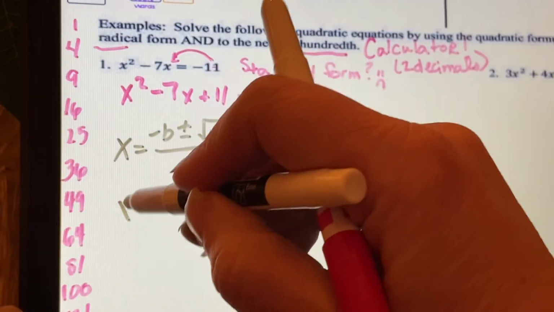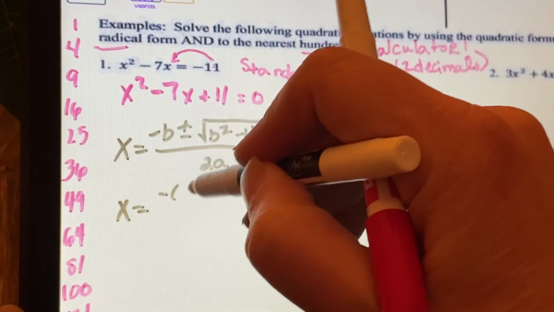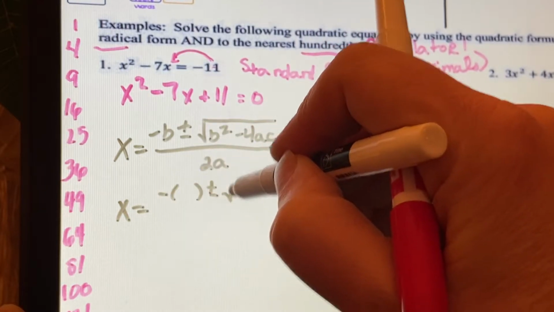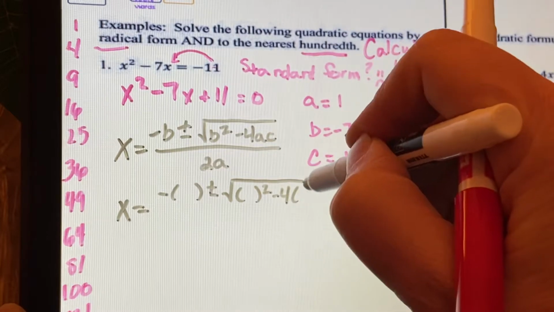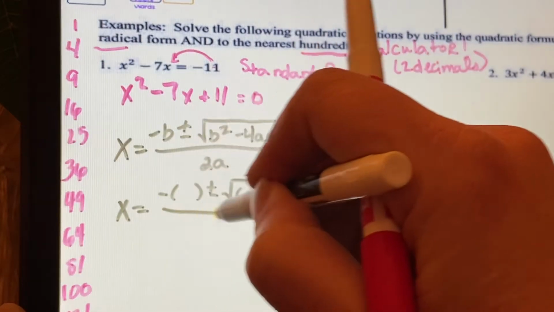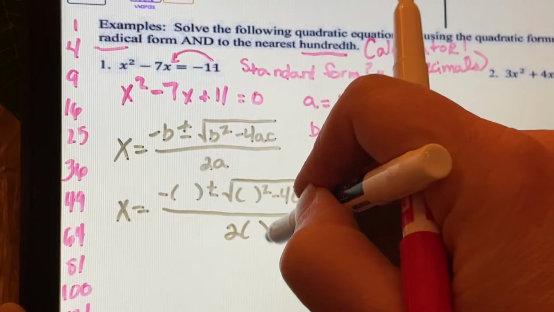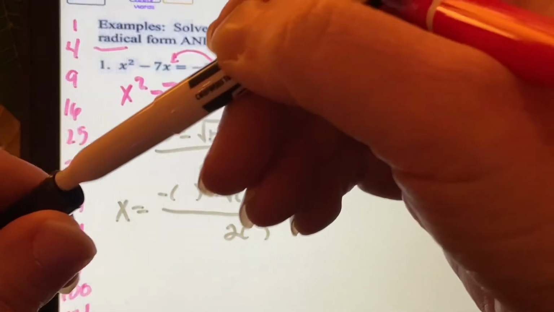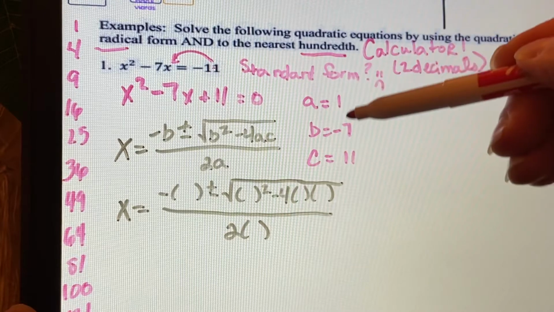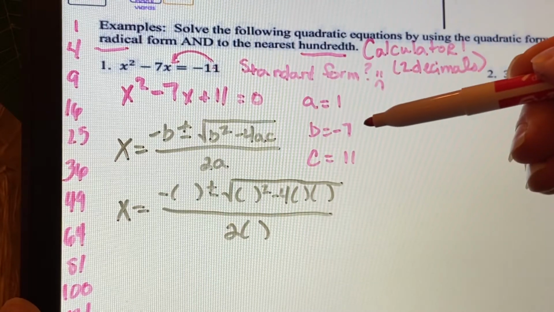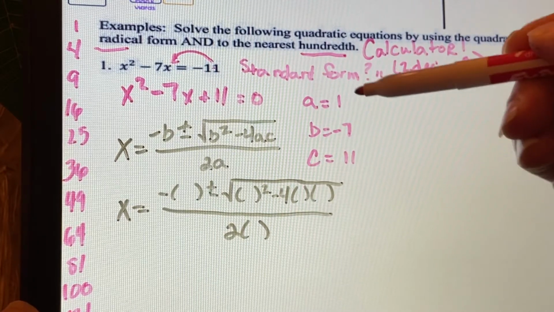So x equals... Realize that none of these, the a and the b, I do not write the variables with them. I don't put x's with them or x squareds.